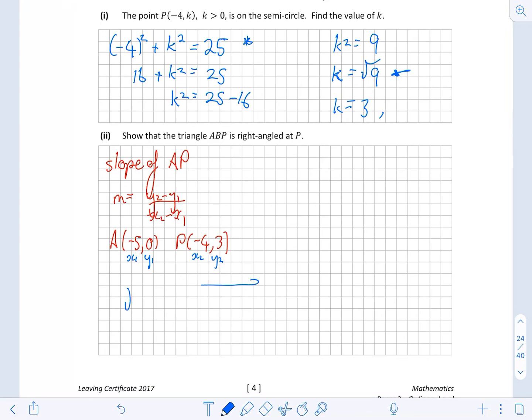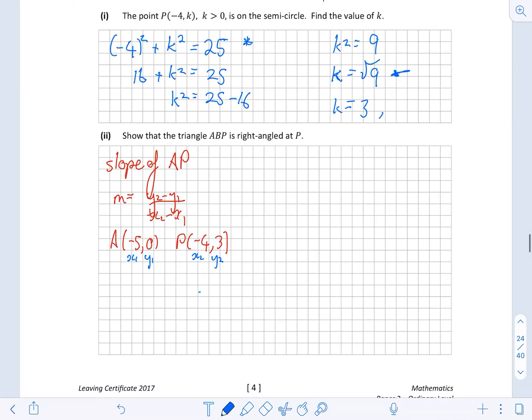So that goes into the formula, 3 minus, sorry, wrong formula. I have distance on my mind. So that goes into the formula 3 minus 0 all over minus 4 plus 5. Are we okay with where that plus 5 comes from?